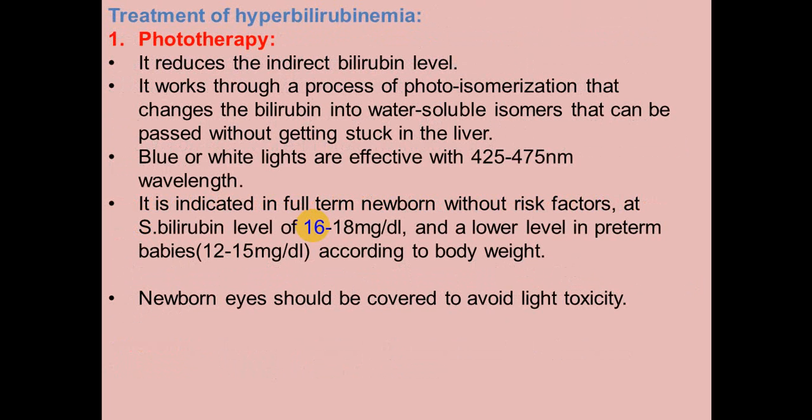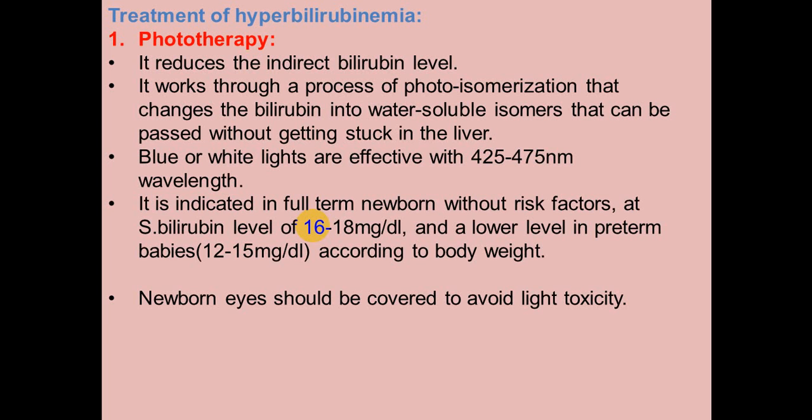Now we come to the treatment of hyperbilirubinemia. The classical treatment of hyperbilirubinemia is phototherapy, and we have the traditional phototherapy and the extensive phototherapy. We use the extensive phototherapy when there is a dangerous bilirubin level approaching 18, 19, or 20 mg per deciliter.